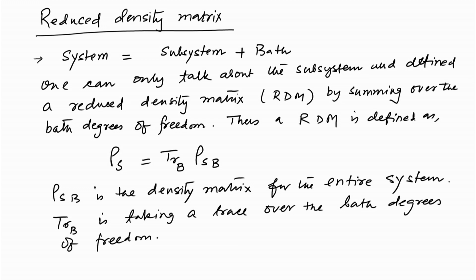Let us see one example at least of how one actually sums over one particular degree of freedom. Let us do that in a simple case, taking again a spin system of two particles of spin half.